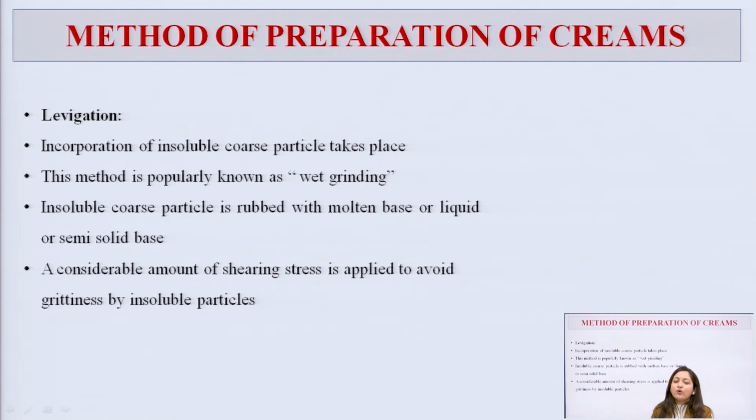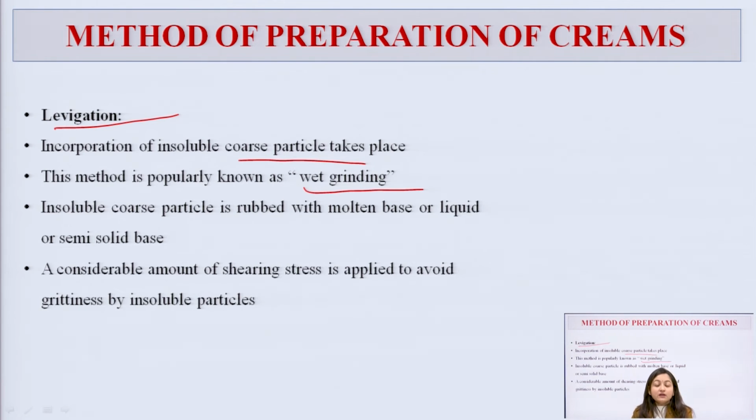Next method that we are going to understand is the levigation method. Levigation method is similar to the Trituration method. However, this method requires the presence of aqueous phase or watery phase, hence it is also known as wet grinding method. Because what we do here is we incorporate insoluble coarse particles into this.